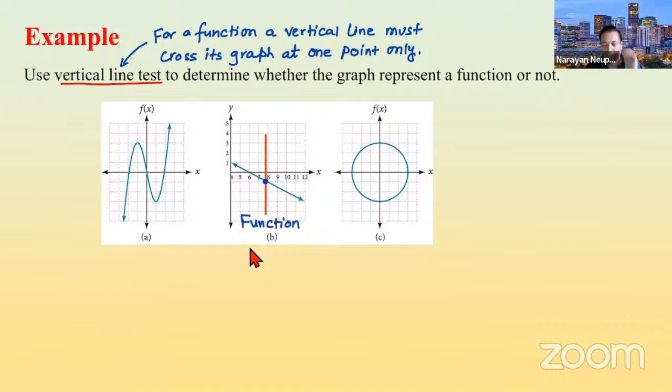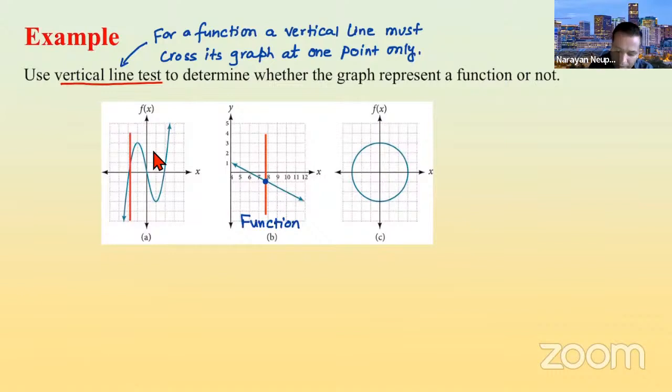B is a function. You can draw wherever you want, but make sure you try to cut at more than one point if possible. That's what you look for. For example, in the first graph, try to draw the vertical line wherever you want.